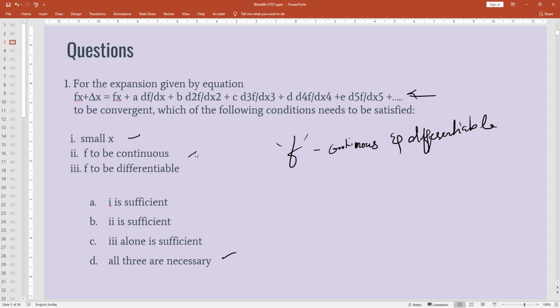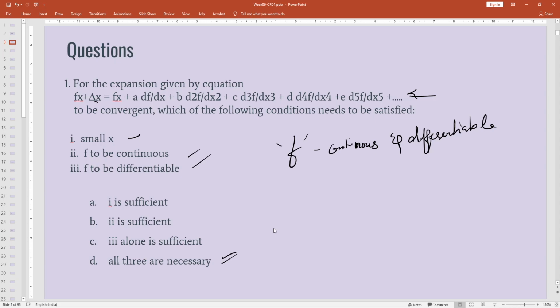So both these criteria are there. Also, the step size delta x should be small. So all three conditions should be satisfied for a Taylor expansion of a function f of x. So our option D is the answer, not B.